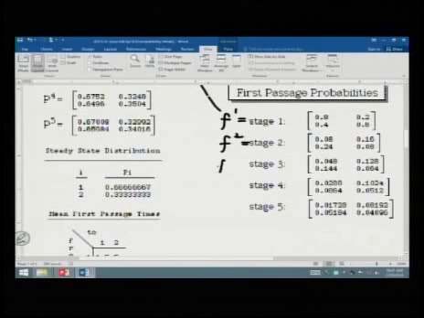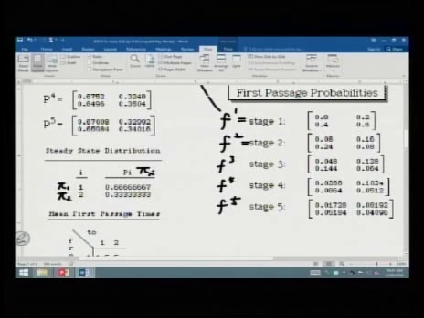This is F cubed, F to the 4th power, F to the 5th power. So all of this information is given. As well, these are the pi i's. So this is pi 1 and pi 2.